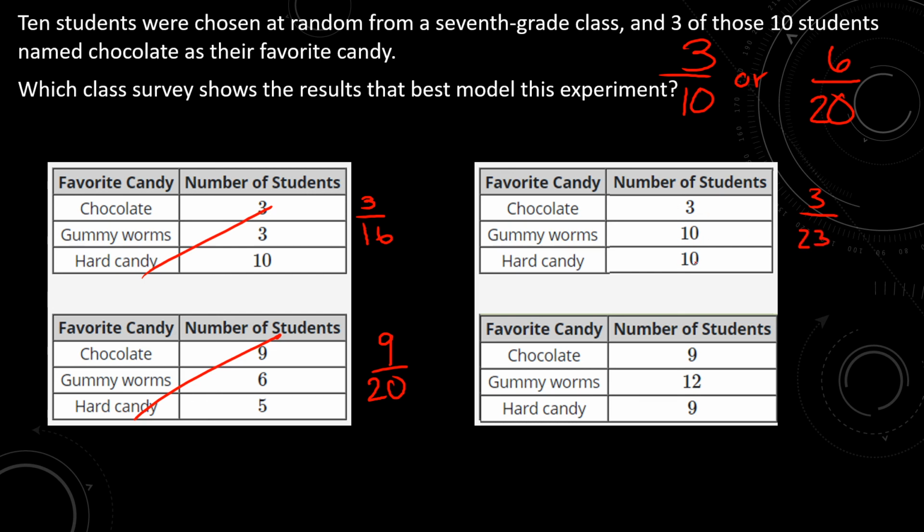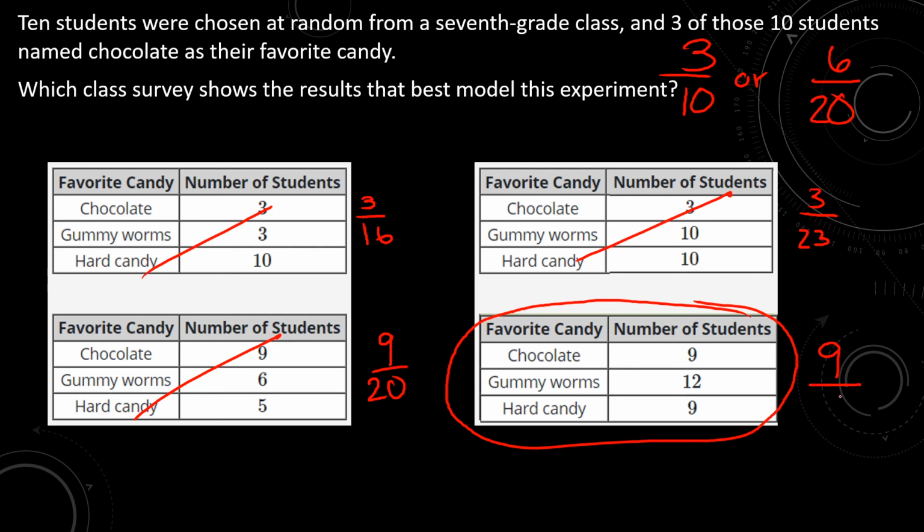Again, adding these together, 10 plus 10 plus 3 gives me that 23. Nope, which means it should be this bottom one down here. Let's double check it. I have 9 out of, if I were to add 9 plus 9 plus 12, I get 30, which simplifies to 3/10. Perfect. So that table works.